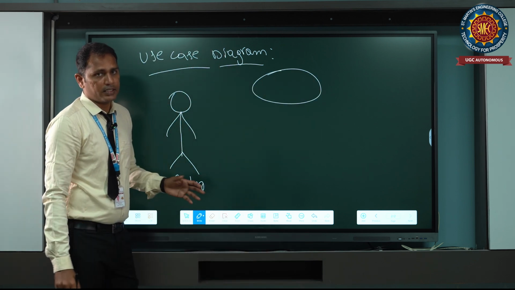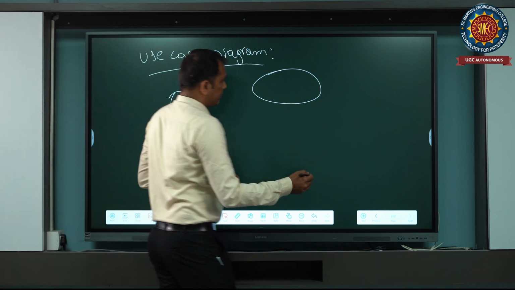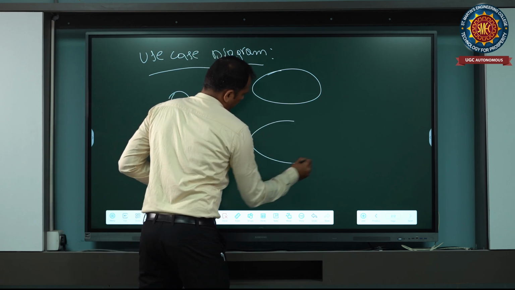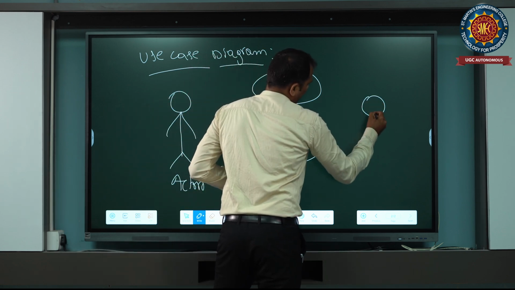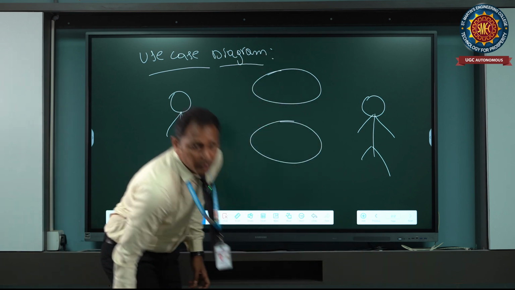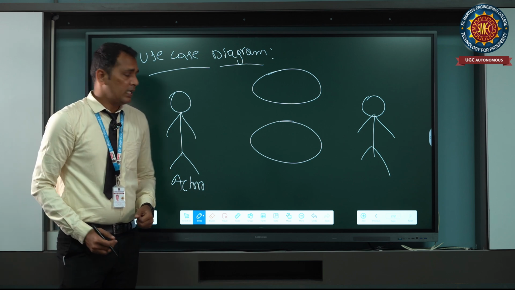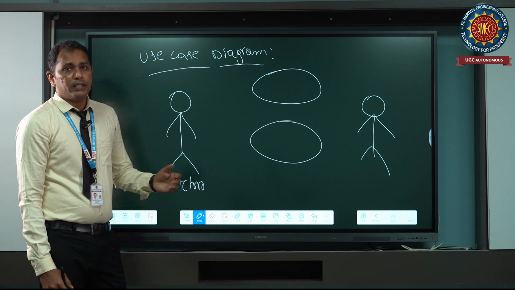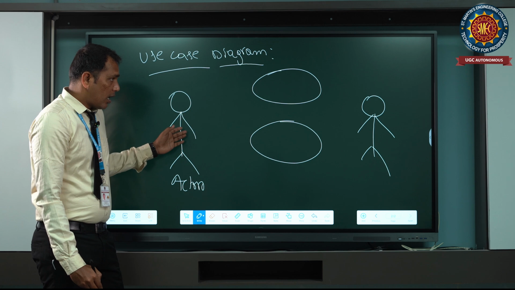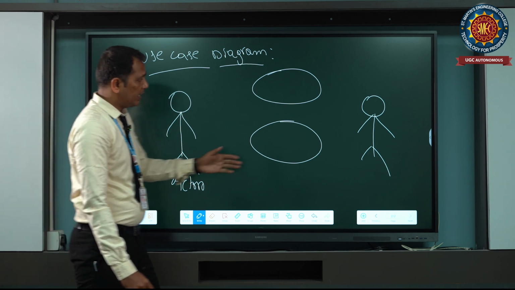This is the use case symbol for the purpose, and we are using another use case, and here another actor. Suppose we are taking a software authentication to implement. Here the actor is the applicant, and here is the admin.